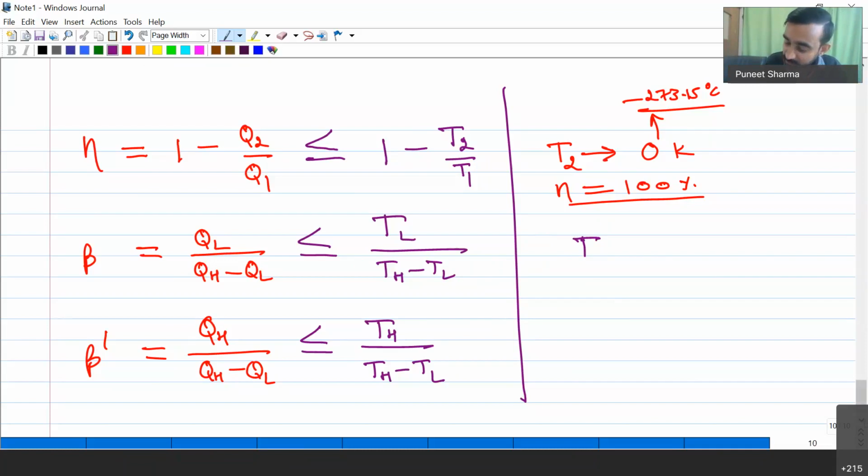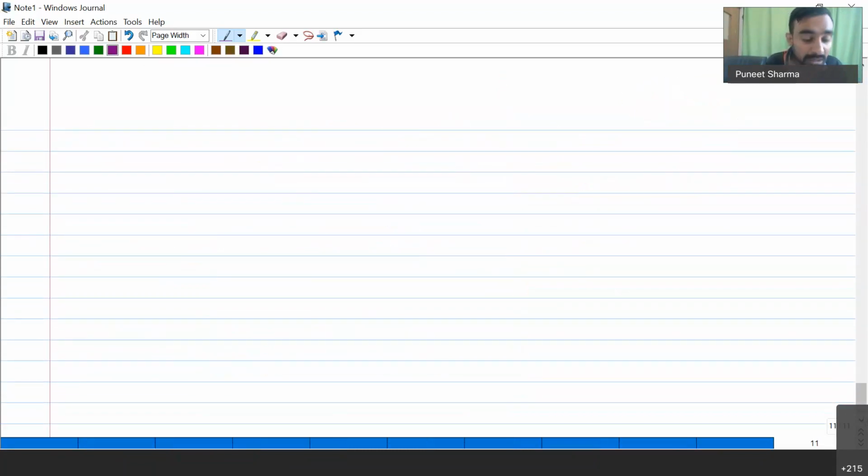Okay, with this formulation, now I will move to another important topic. This next topic will give origination to another thermodynamic property, which we call entropy.